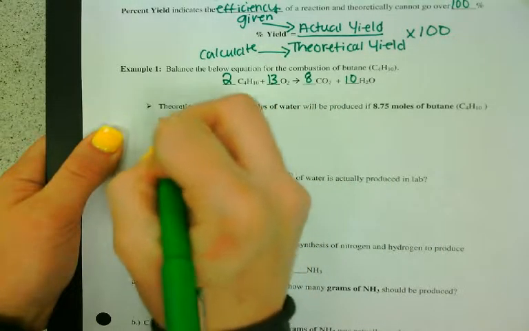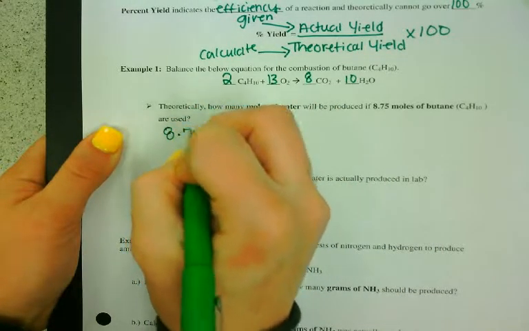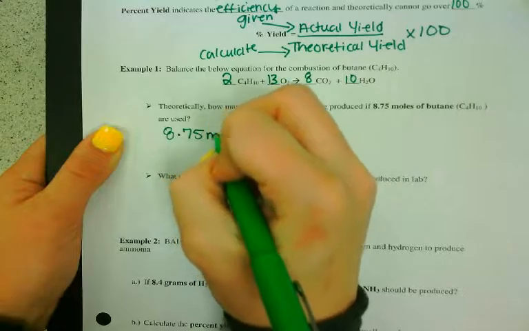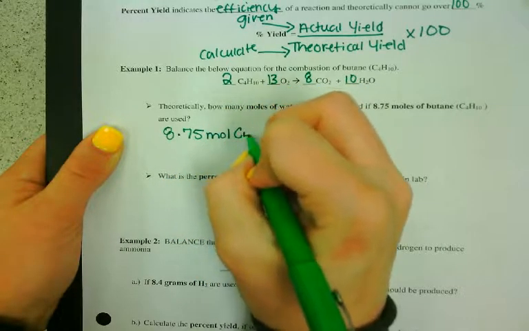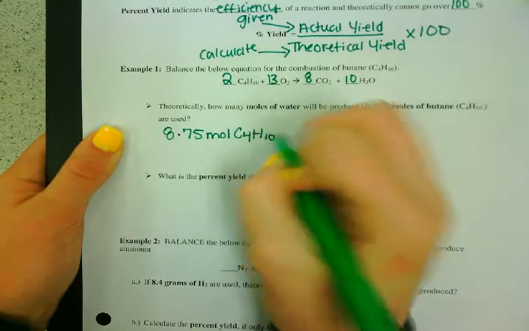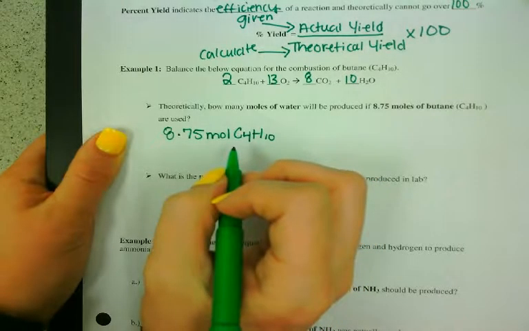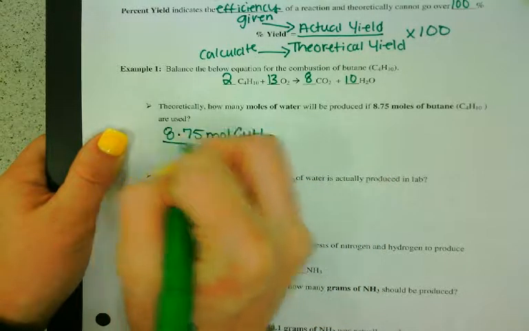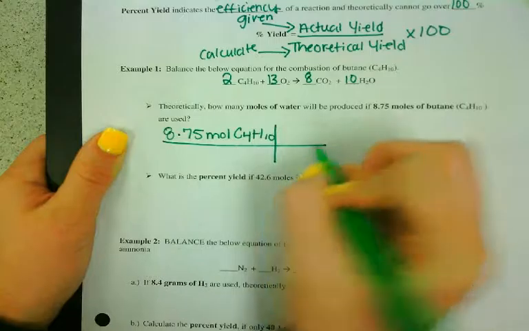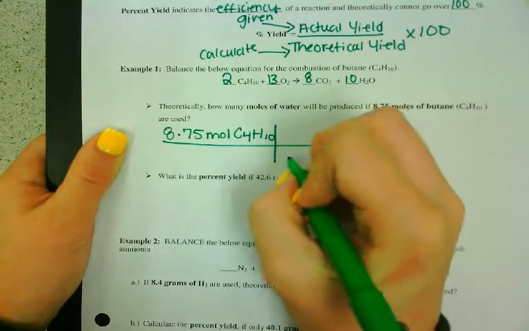So the first thing you do is you start with your known, which is 8.75 moles of butane. And you use the molar ratio to get to the moles of your unknown.